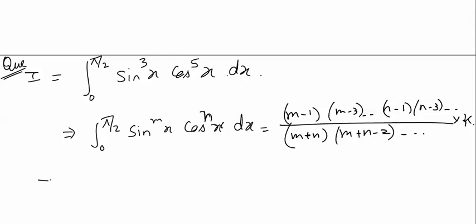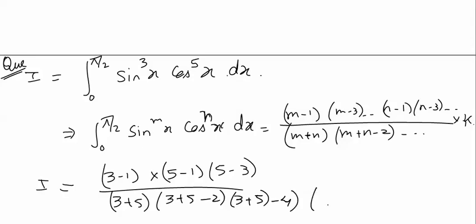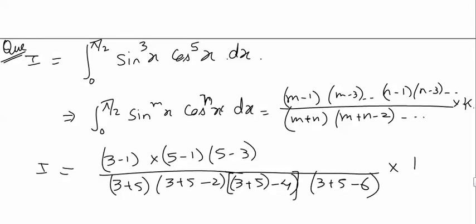So in this I is nothing but m minus 1 into m minus 3 will give you 0 into n minus 1 into n minus 3 upon m plus n into m plus n minus 2 into m plus n minus 4 into m plus n minus 6 into k, which would be 1 because both are in fact odd.